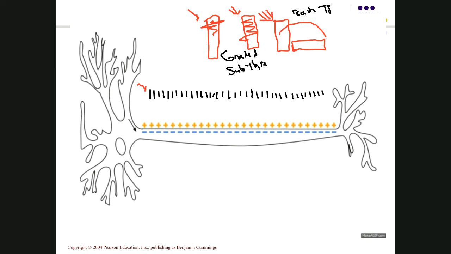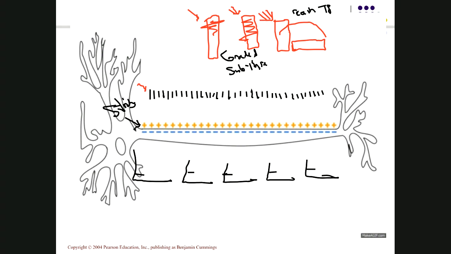The same thing happens here. Remember, our thing looks like this. That's resting potential. All the way across, everything's at resting potential. And then here comes my stimulus right here. Remember, it's going to be chemical or mechanical.